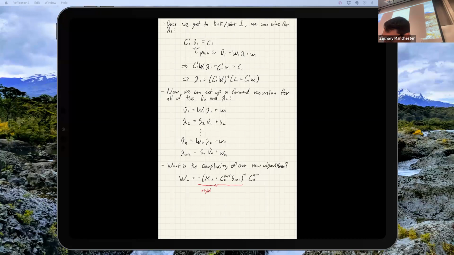This is a rigid body mass matrix. So it's 6 by 6 in 3D, 3 by 3 in 2D. And the bottom line is that every one of these steps in the recursion, we're always just inverting a 6 by 6 or a 3 by 3. It's a fixed size matrix that doesn't change ever, right?